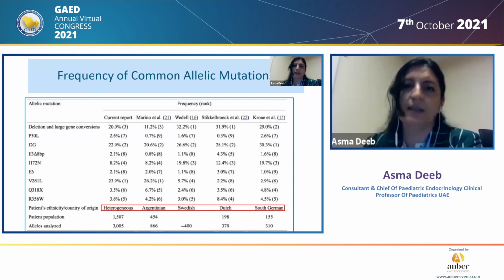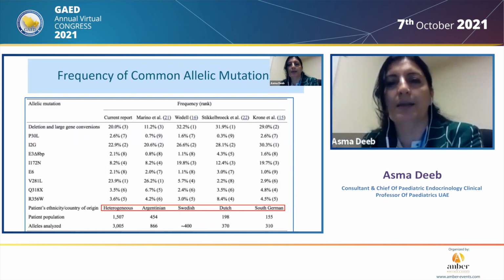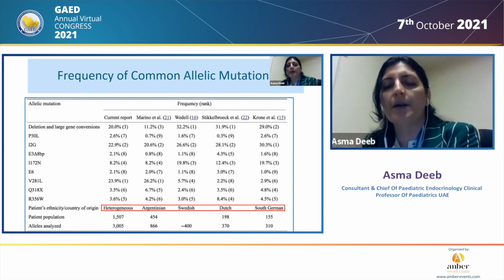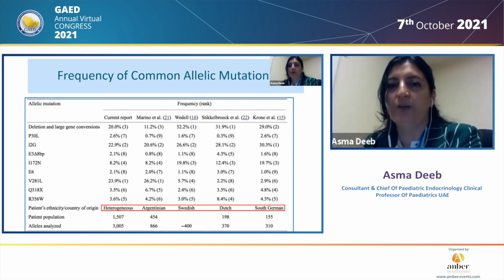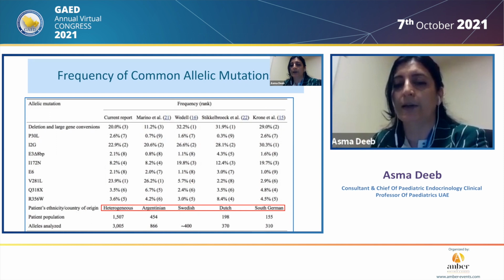But the fascinating part I find about this study is where and what type of mutation we see in different populations. There were many Caucasians, Europeans, Swedish, and Dutch, and others like Argentinians, Mexicans, and some from our region, Middle Easterners.